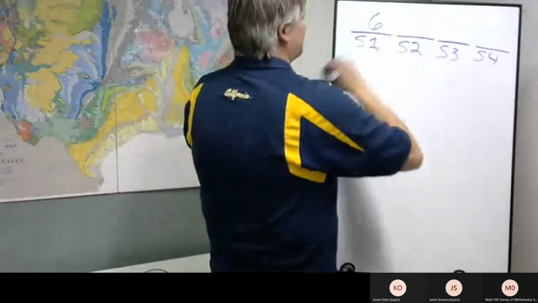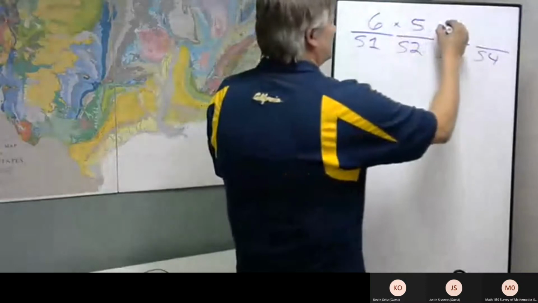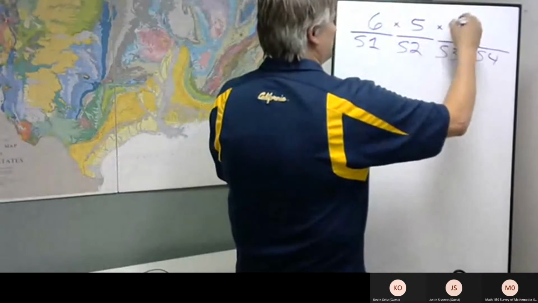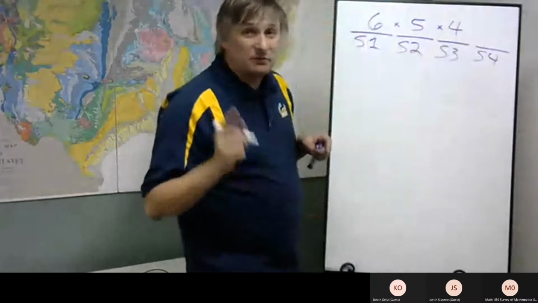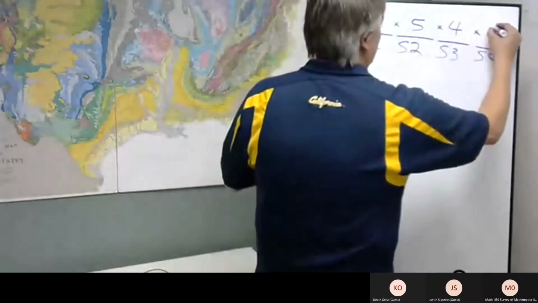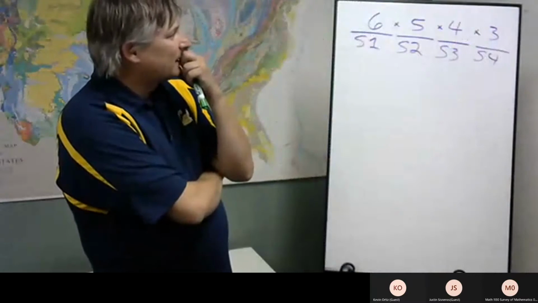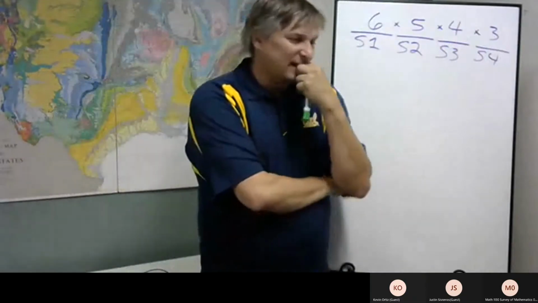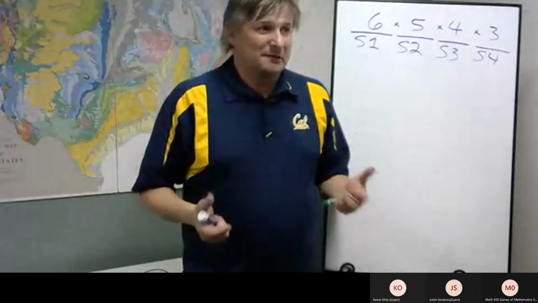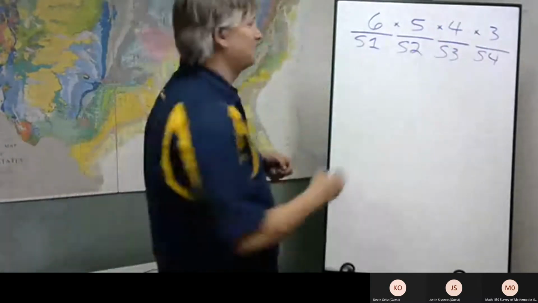For stage 2, we'll have 5. Stage 3, we'll have 4. Stage 4, we're going to have 3. So what kind of pattern can we get from this? It's a bit obscure. This is something that's kind of tricky. But let me show you a trick.